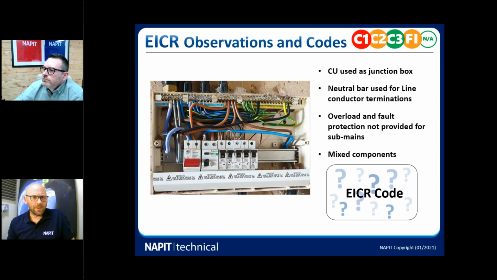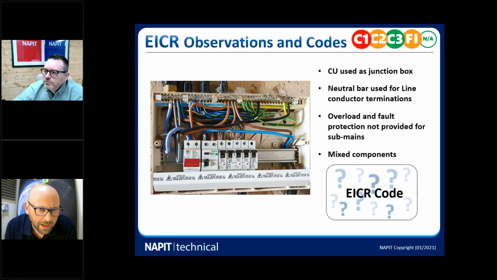Right, next up, we've got a lot going on in this picture. Now, let me try and remember which one feeds which. If you look at the top of the main switch and you look at the phase conductor, the line conductor, the brown one there, it's actually being fed from the neutral bar.